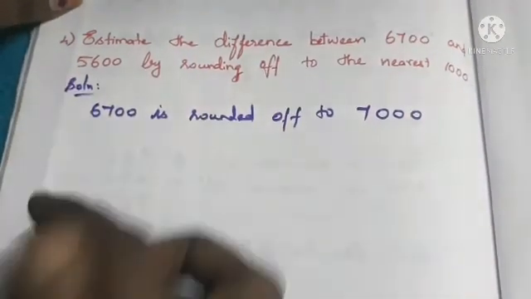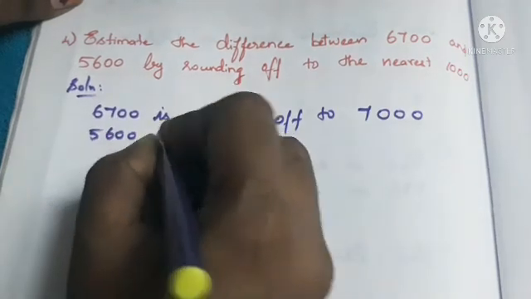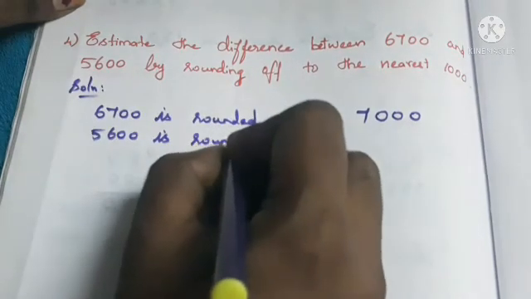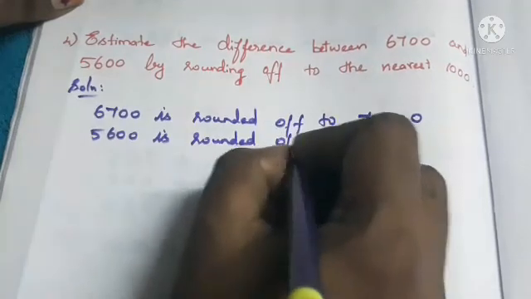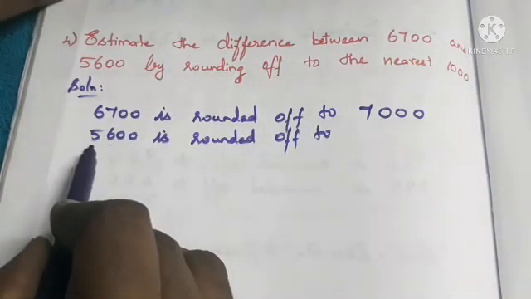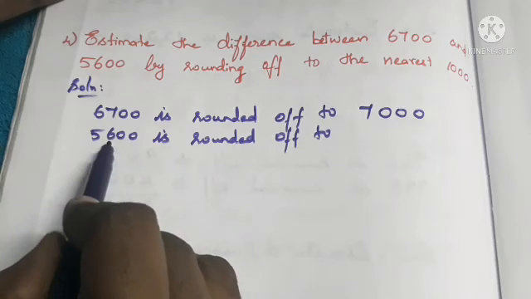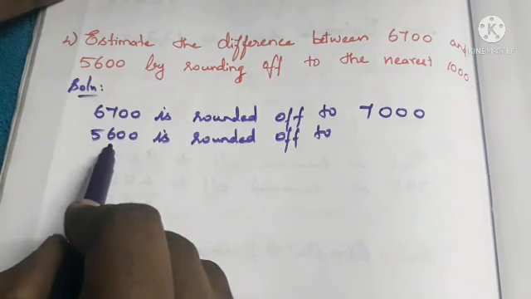The second number they gave is 5600, which is also rounded off. Here we have 5 in the 1000 place, and we have to focus on the 100 place only. In the 100 place we have 6.